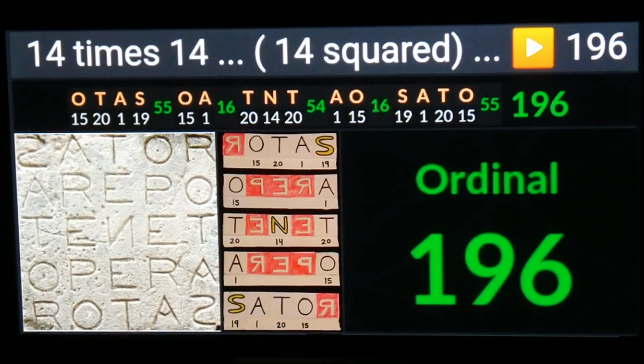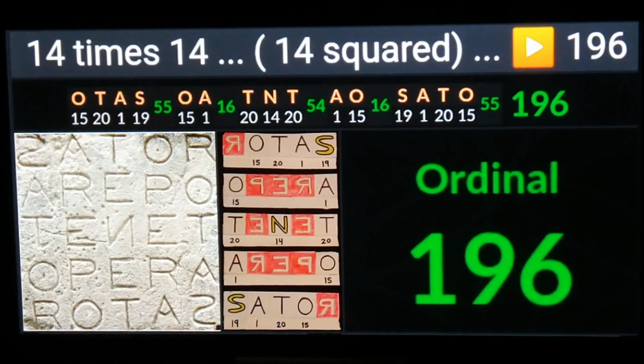Here's where it gets a bit tricky for some. If we're going to use that reflected square, see all those letters that are surrounded by pink? If you type the letter backwards, the R backwards, for instance, R in Rotas, R backwards doesn't have a value, at least in Gematria calculators I've seen. But the rest of the word, Rotas, O-T-A-S, well, O is the 15th letter, T is the 20th, A is the 1st, S is the 19th, and then Opera.